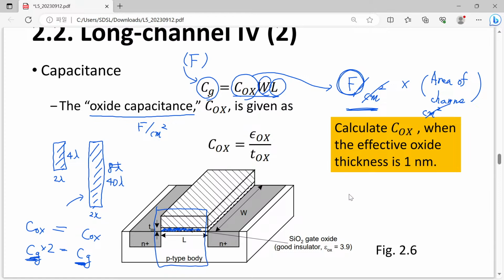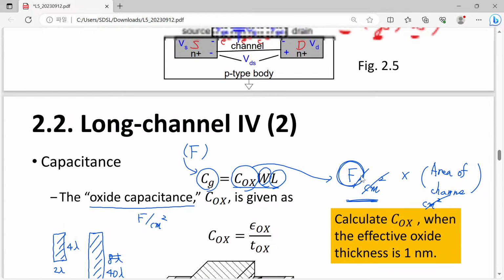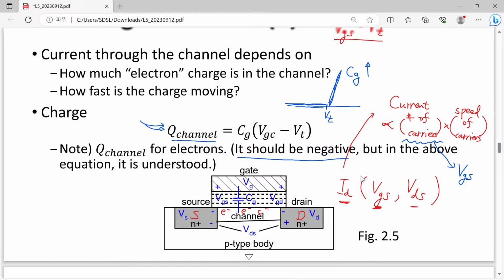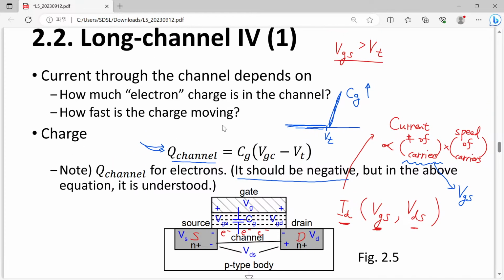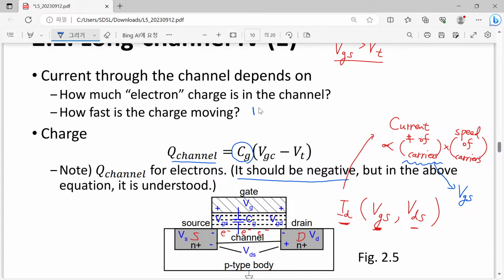Then I wanted to ask you some questions. Previously here, you have this flow. Your channel charge is given by Cg times the gate overdrive voltage. In this case, for example, you have introduced a 10 times wider device.